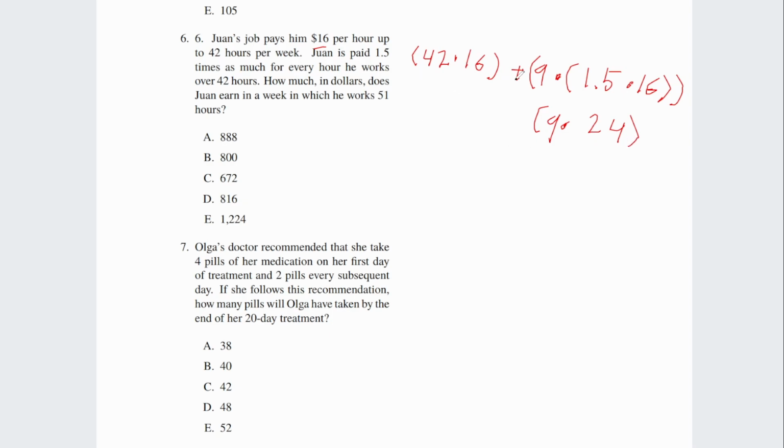times 9. 42 times 16, if you can do that in your head, more power to you, but this is a great time to get out your calculators. 42 times 16 is 672. 672 plus 9 times 24. 9 times 24 is 216.